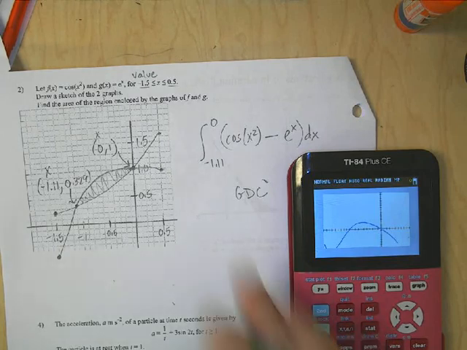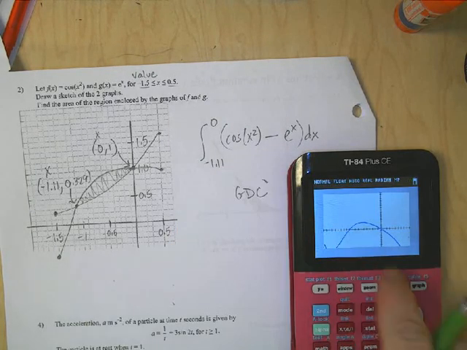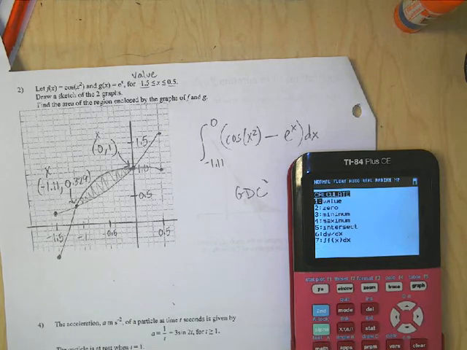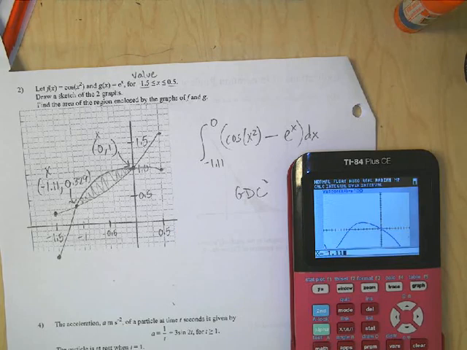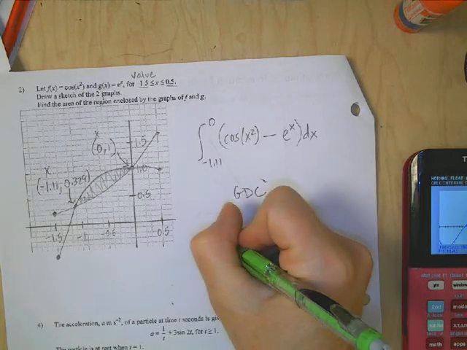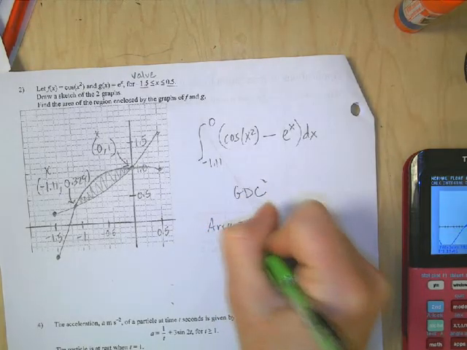When I subtract the two functions, notice I get this little guy. So then I'm going to calculate number 7 from negative 1.11 to 0. There, it's showing me the area. So it's 0.282. So the area is equal to 0.282.